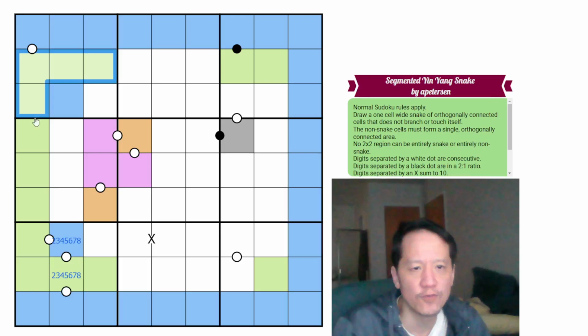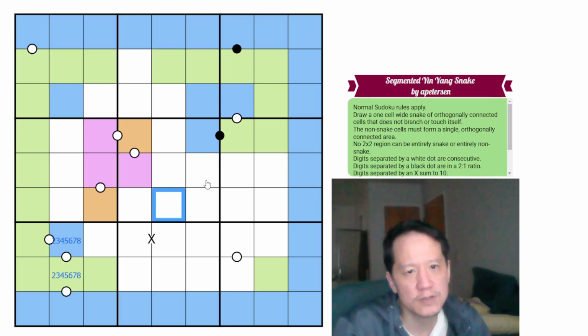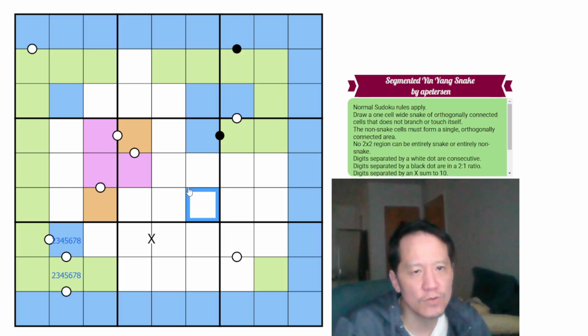We already have a 4 in length one, so therefore this has to be non-snake, which means this has to be a snake. This has to exit out some way, and it exits out that way. This has to exit out that way, and then continue here. One of these is, and one of these isn't.